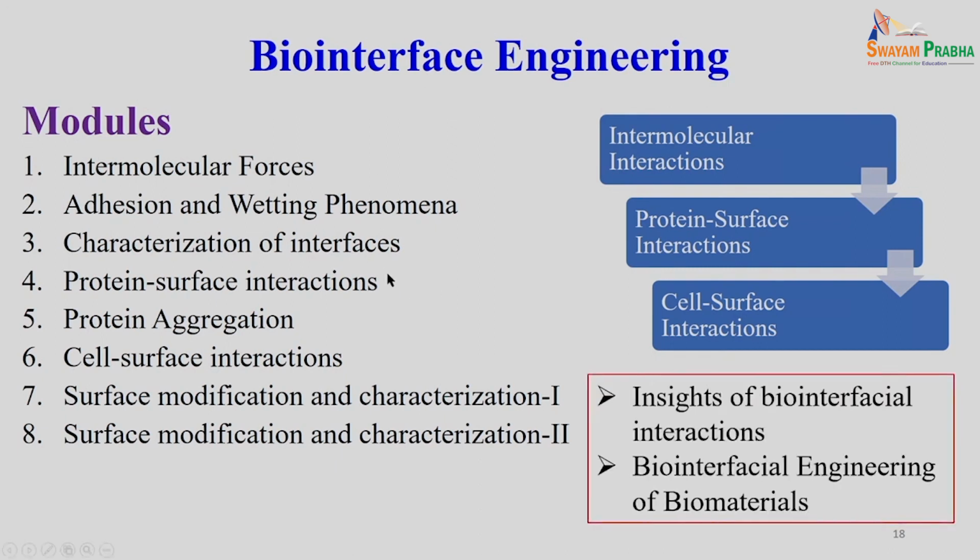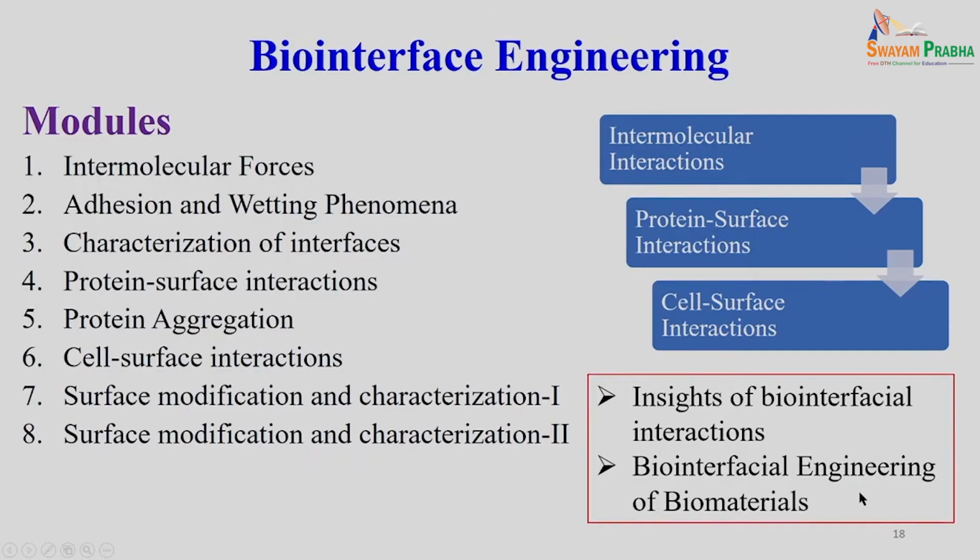So, in this course, I think we have understood the insights of biointerfacial interactions, how they take place during the application of a biomaterial, and if you want to improve or tune those interactions, then we can apply biointerfacial engineering on biomaterials to design biocompatible surfaces, to design, let us say, antiviral coatings, to improve the potential of a scaffold, a drug delivery system or a biosensor.